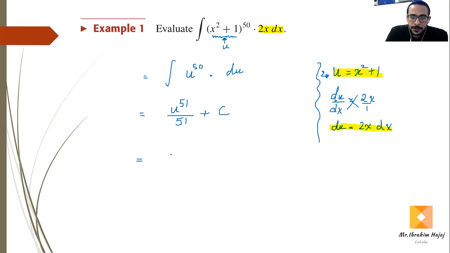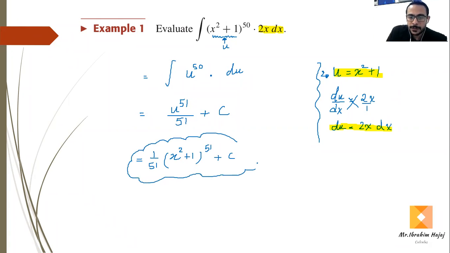Yes, put x back in place of u: x squared plus 1 all to the power of 51 over 51, or right here 1 over 51, plus the c. Your final answer should be in terms of x. And the question was in terms of x. So again, it's called the u substitution method. Okay?